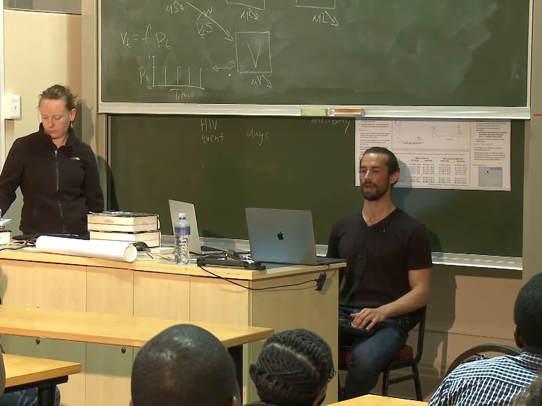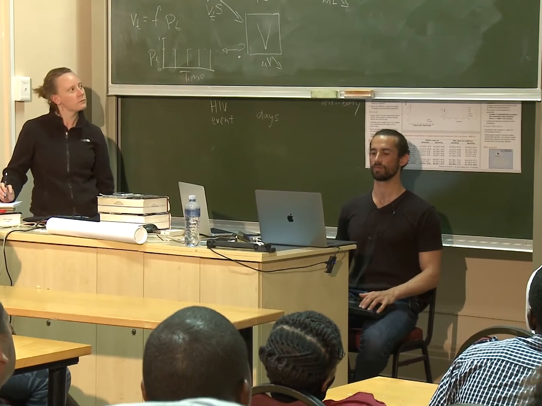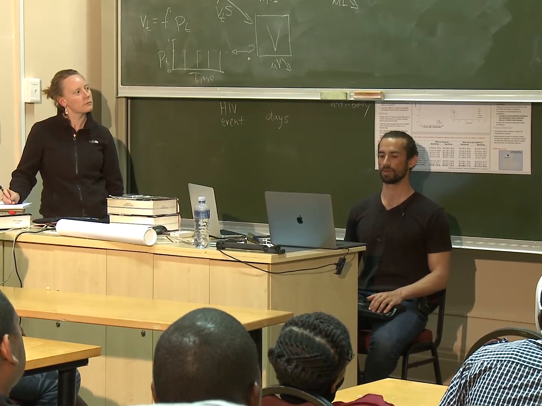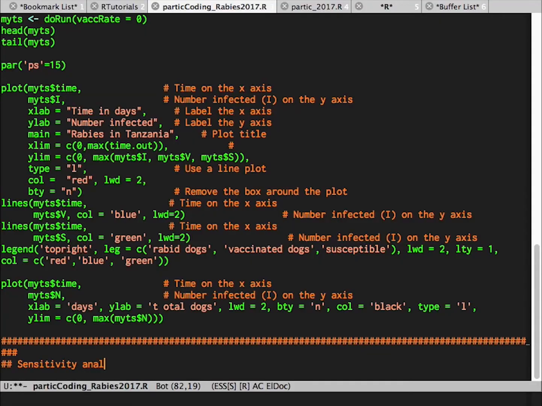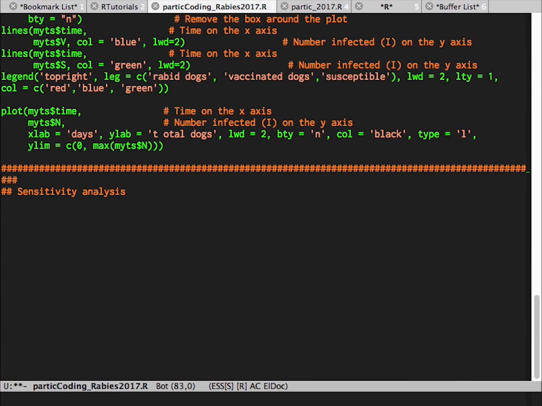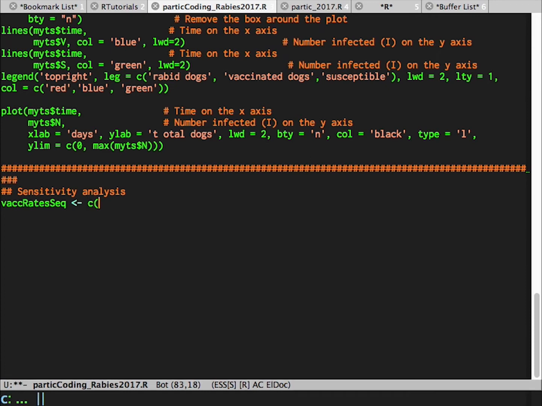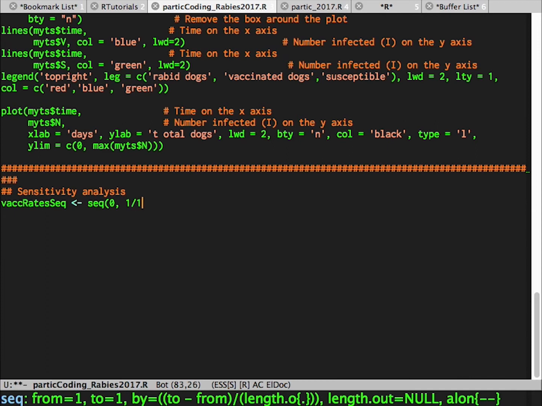So to do that, I'm now going to write some new code down here, sensitivity analysis. And for vaccination rates, a sequence of vaccination rates from, let's say, 0 up to, let's see, the fastest vaccination, well, we know 1/180 is going to eliminate it, right?